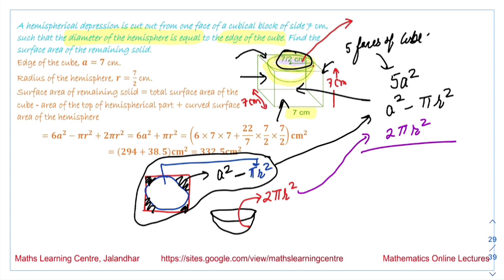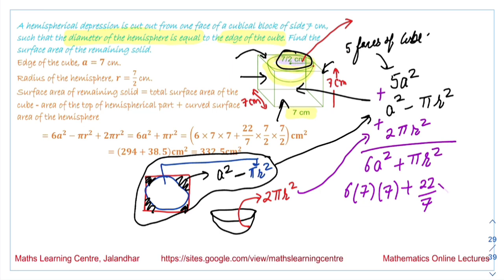So the final answer on adding these three areas is 6a square plus pi r square. If we substitute the values, it is 6 into 7 plus 22 by 7 into 7 by 2 into 7 by 2.